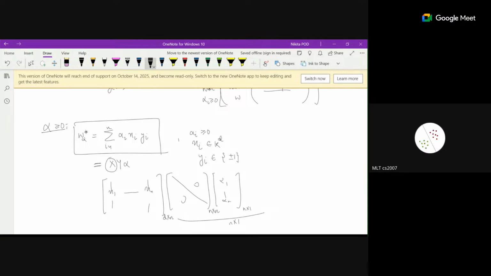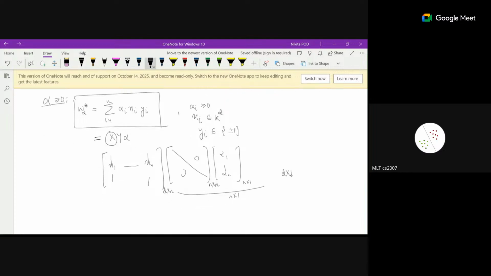You don't even have to do this, because you are finding W, and W is in RD, so this should give you a vector in RD.